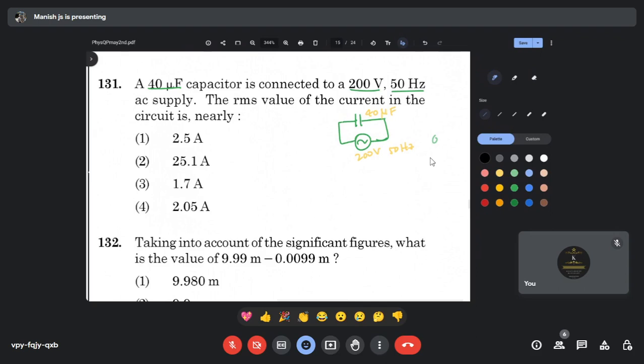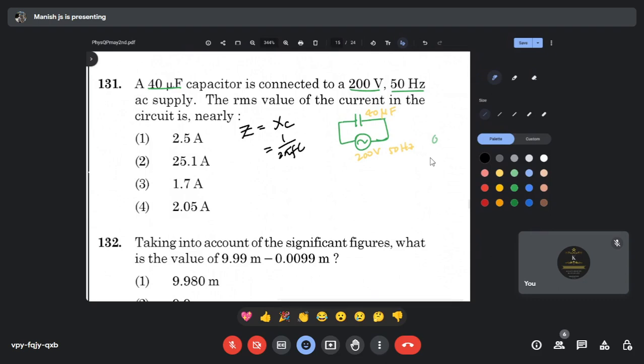The impedance would be equal to the capacitive reactance, given by XC. So XC is nothing but 1 upon 2 pi FC. That is the formula for capacitive reactance.